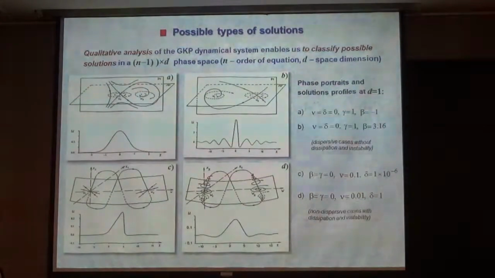Possible types of solutions. Quantitative analysis of the GKP dynamical system enables us to classify possible solutions in multidimensional space. For example, for three-dimensional GKP equation, this is a 12-dimensional space.